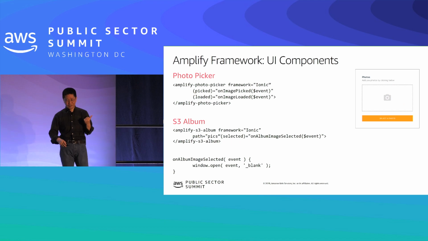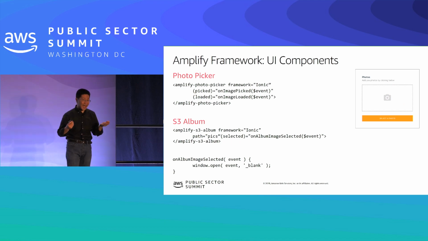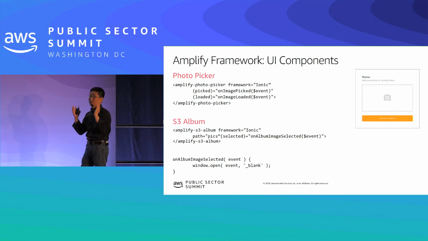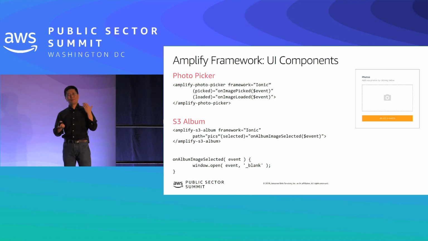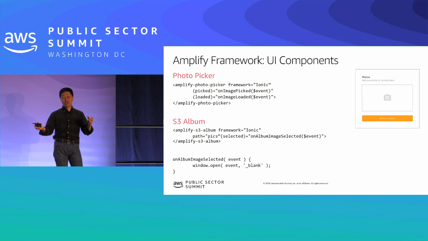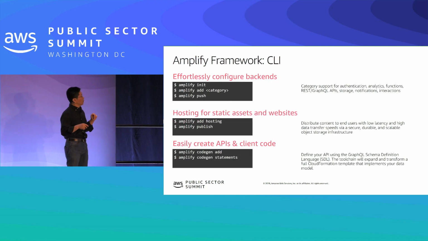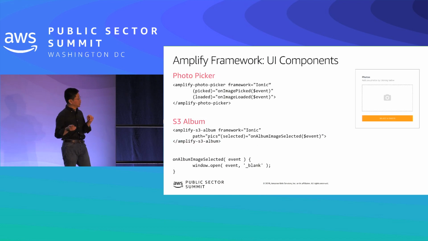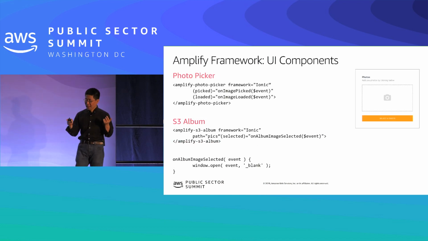Let me give you an example about the UI components. A lot of times, if you do an application for cloud, for example, you need to upload a picture, you have a profile, or you build some applications to share pictures. You want to allow the users to pick a picture, a photo.